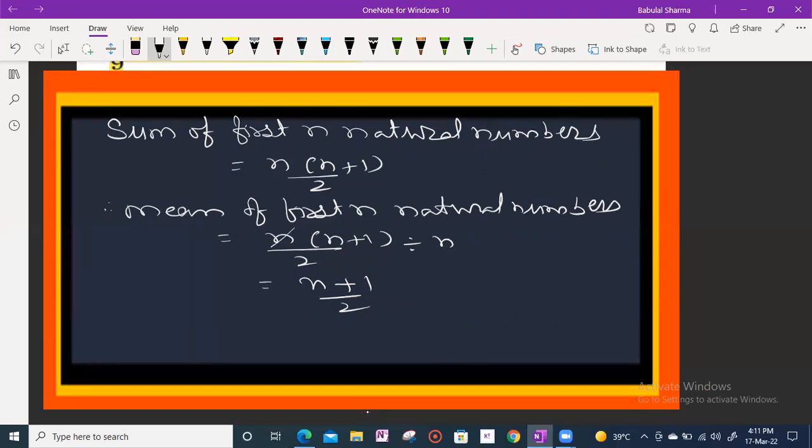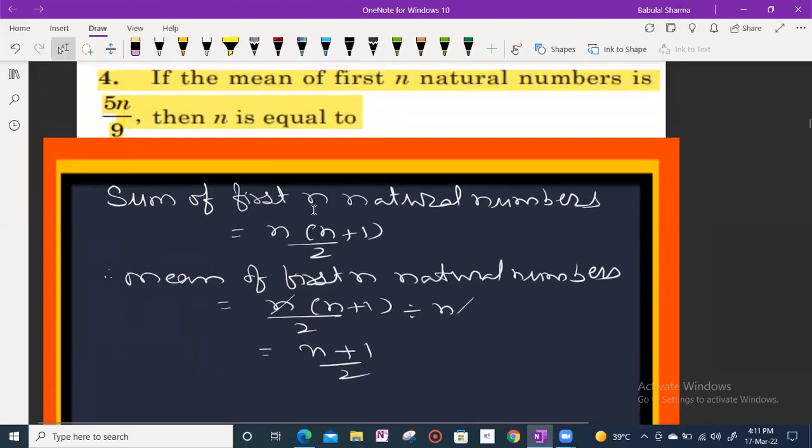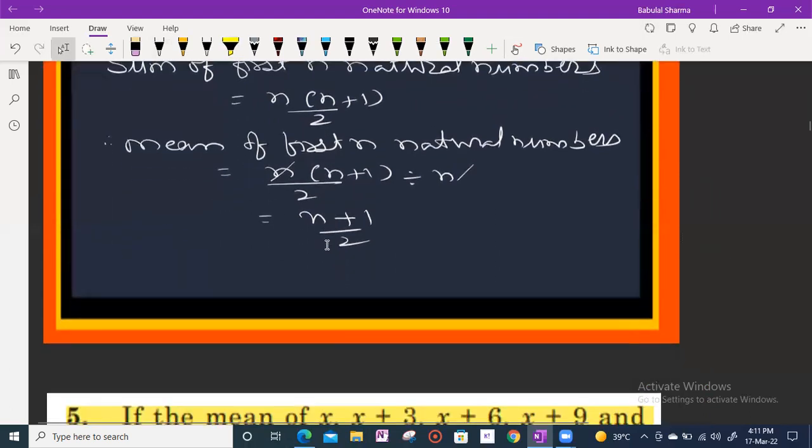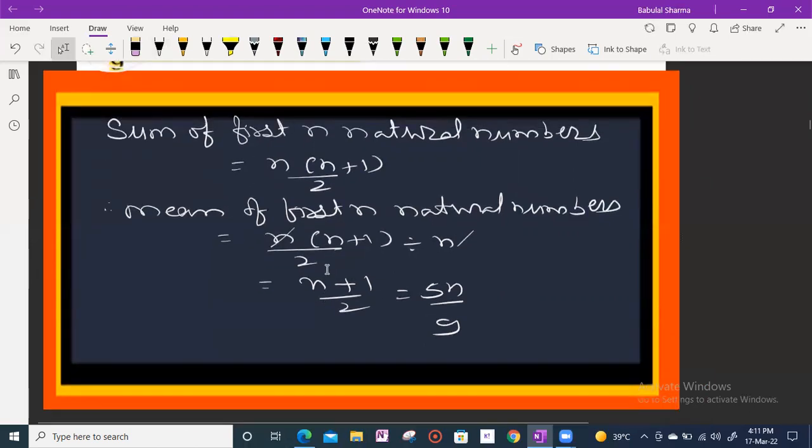And this is given in the question: it is given that this mean is equal to 5n upon 9. So we can further write, n plus 1 by 2 equals 5n upon 9.